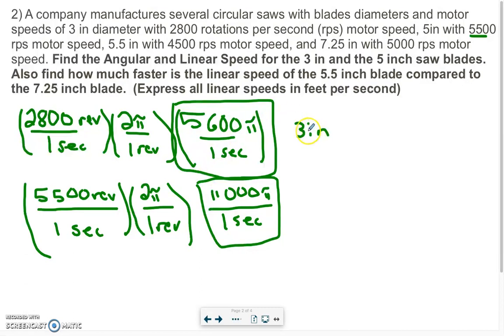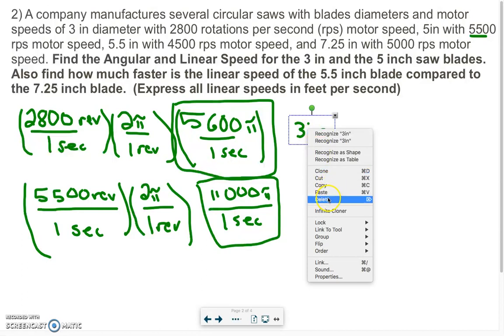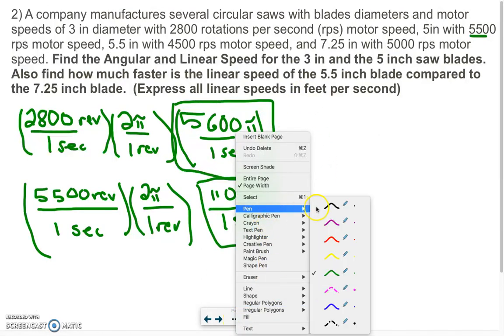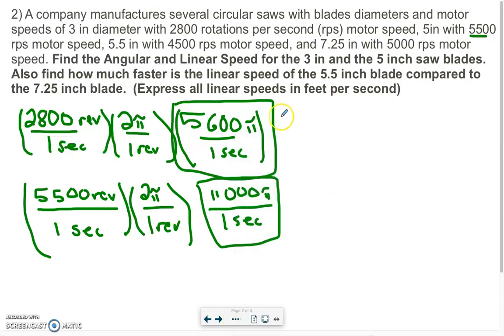So for your linear speed, we're going to take the angular speed and multiply it by the radius. You already did the 2 pi part, so now we take that value and multiply by the radius. The radius for the 3-inch diameter is 1.5.